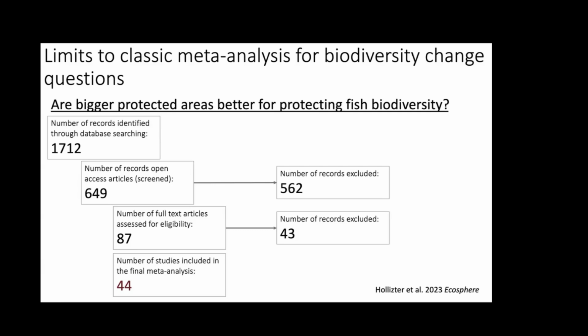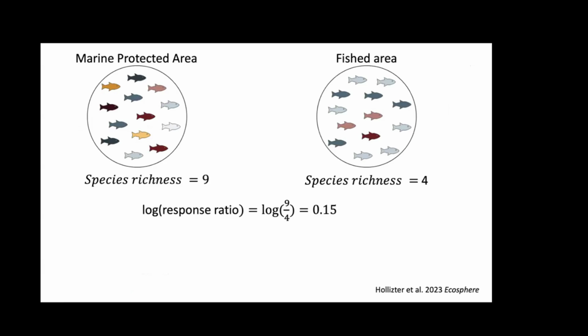We're kind of limited to what we find in the literature. Helene found 43 records that she was able to put together to begin this process of answering this question of whether or not bigger protected areas are better for protecting fish biodiversity. And this is the type of thing that she was able to do.